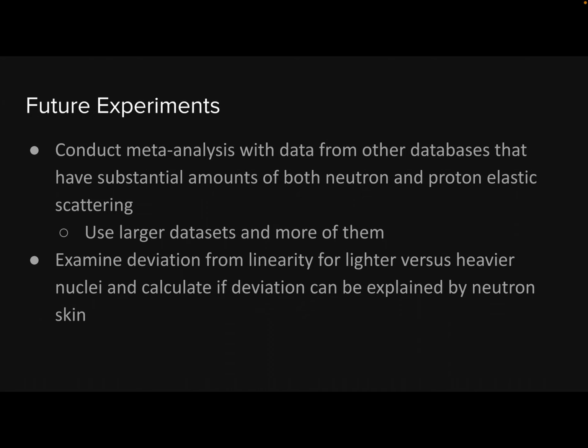Another idea might be to examine the deviation from linearity for lighter versus heavier nuclei, and see if that deviation can be explained by neutron skin, because, as I said, heavier nuclei should have more of an effect than lighter nuclei. But other experiments would have to be done to make sure that's the reason, or to explore any new origins or other confounding factors.